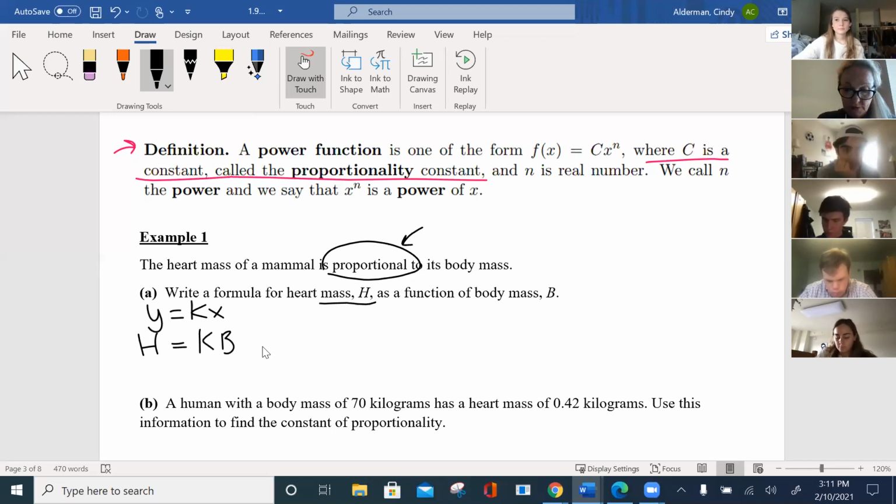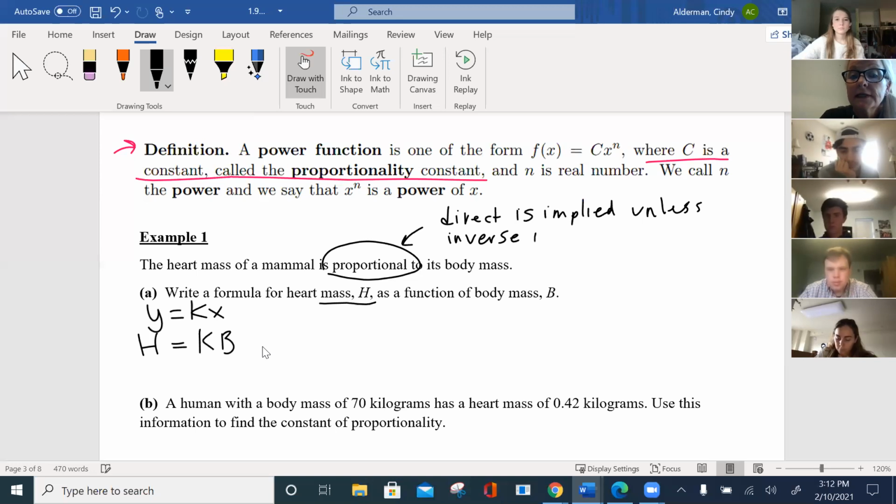So directly is implied unless inverse is stated. So you can always assume that I'm asking you for a direct proportion formula unless I say otherwise.